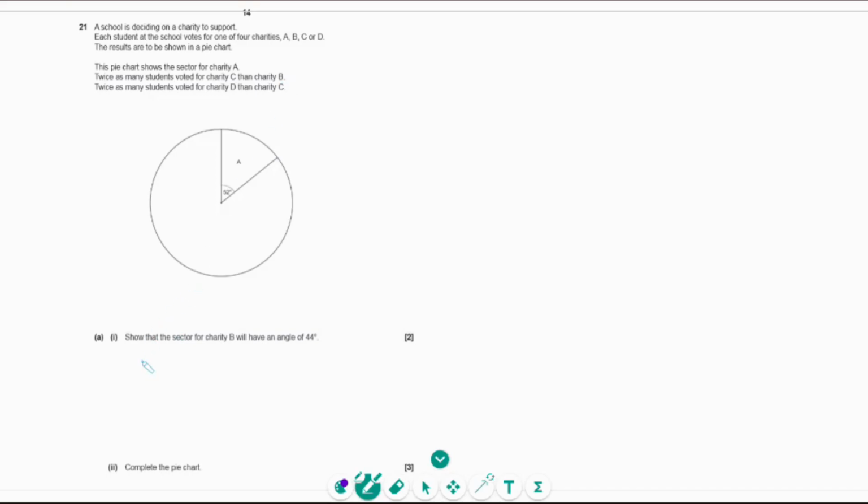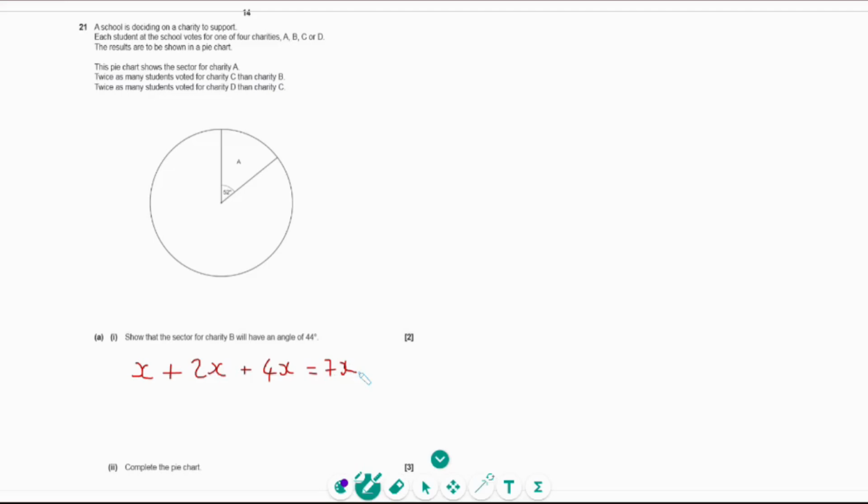So for charity B is X, charity C is 2X, because twice as many students voted for charity C. And twice as many students voted for D as C, so double 2X is 4X. If I add all those together, that's 7X.